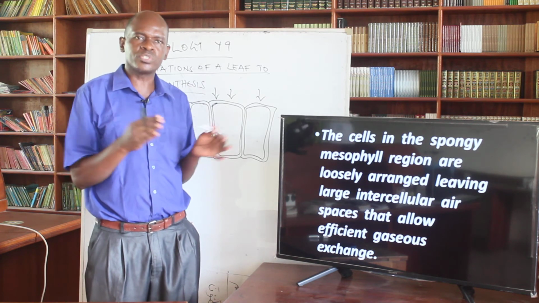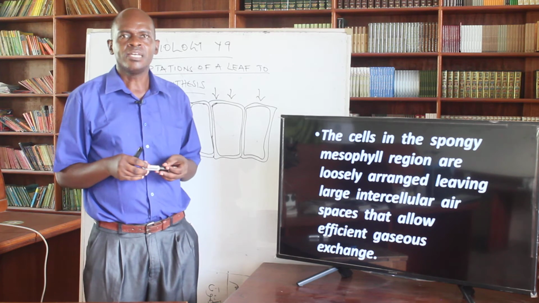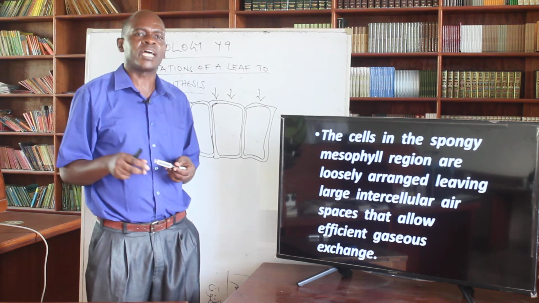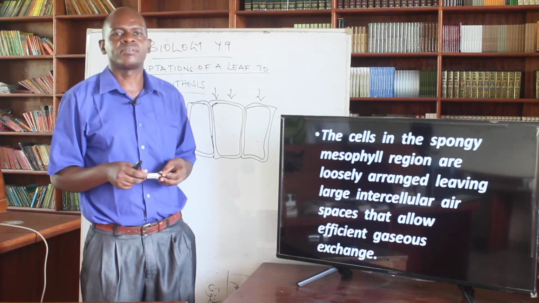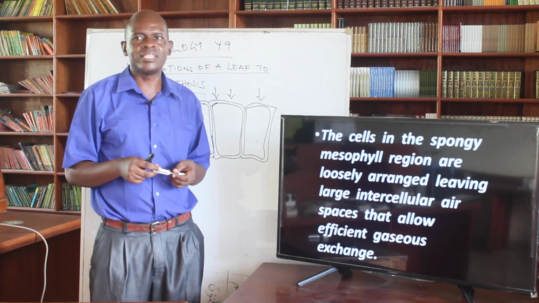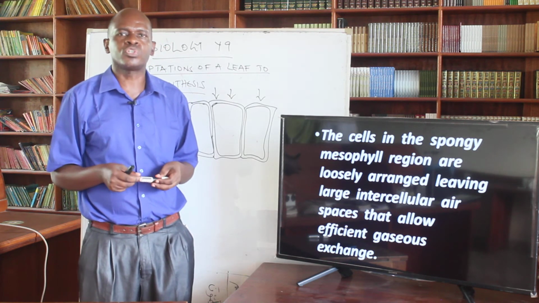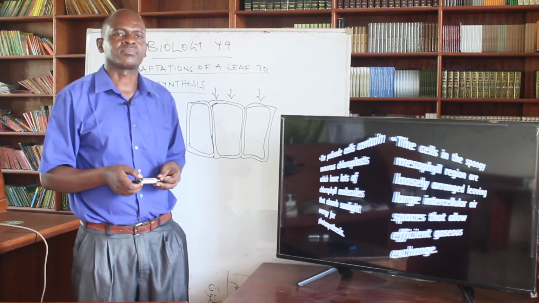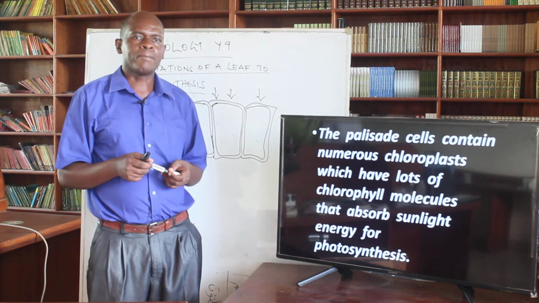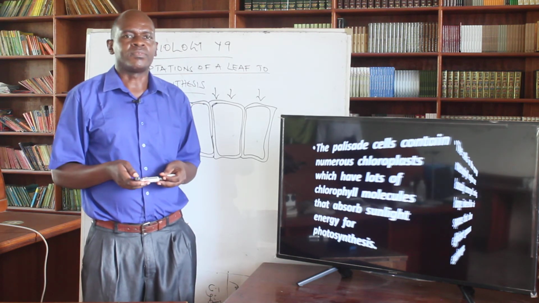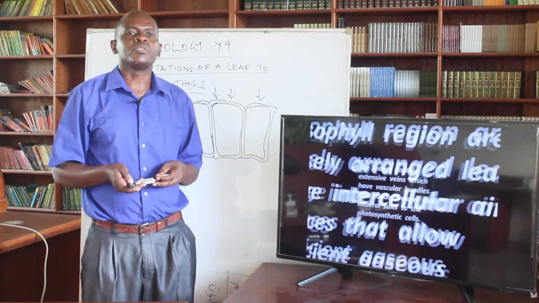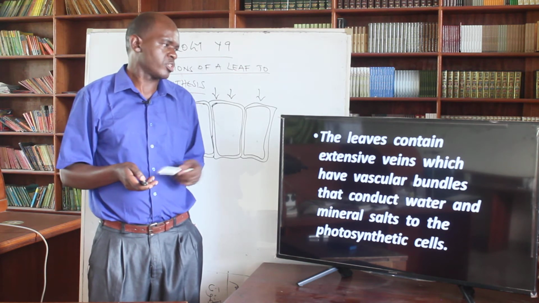They are not as closely packed as the Palisade cells. So the spaces in between those cells, in biology, are known as intercellular air spaces, and this allows for circulation of gases into and out of the leaf. The spongy mesophyll cells, we talked about them already.